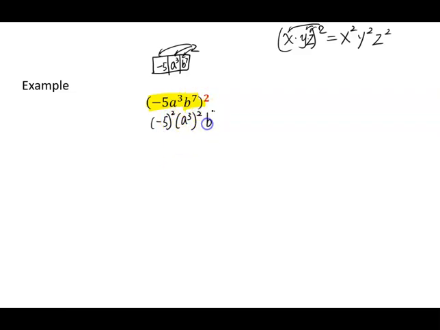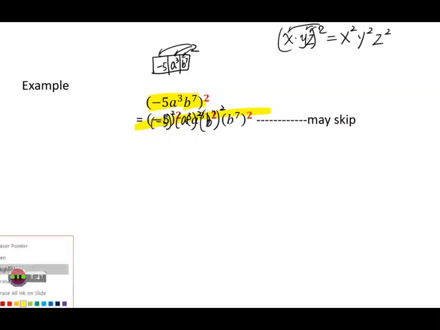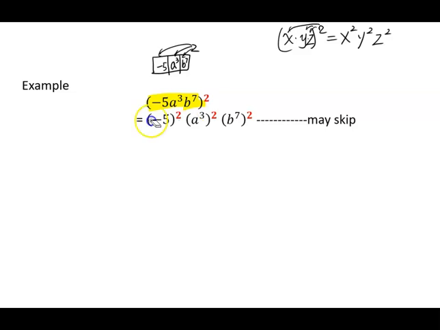And then b seventh, put it in parentheses. So we're going to distribute the exponent to each individual one of them. Okay, so as you can see here, I distributed the exponent to everything in the box.